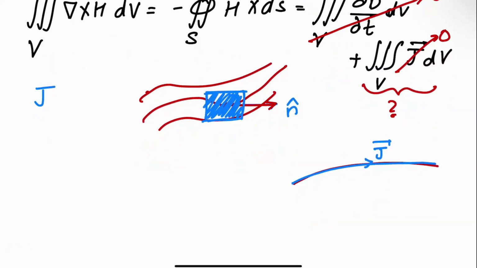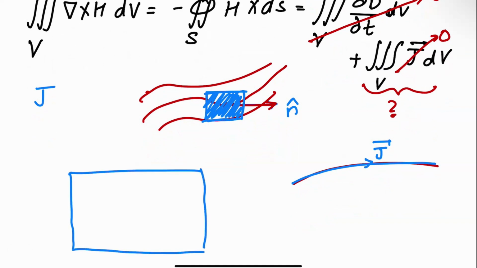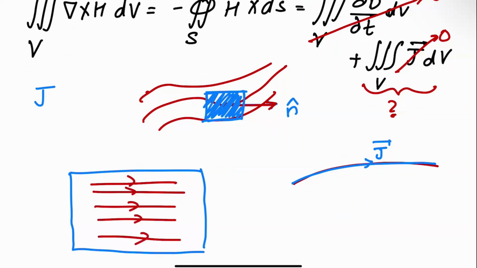Okay, but then if it's flowing on a surface, what do you do? So let's say this is the surface. I'm looking at it from above. I have these currents that are flowing on this surface, right? So then what you can do is place a small line, and I'll say there is a normal component to this line.